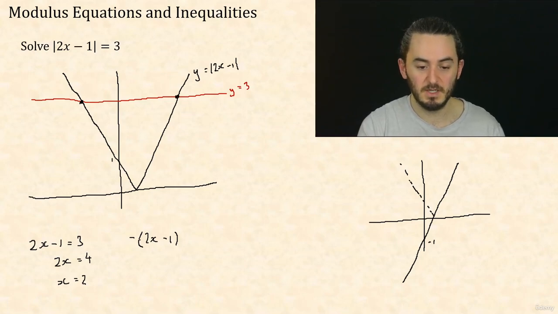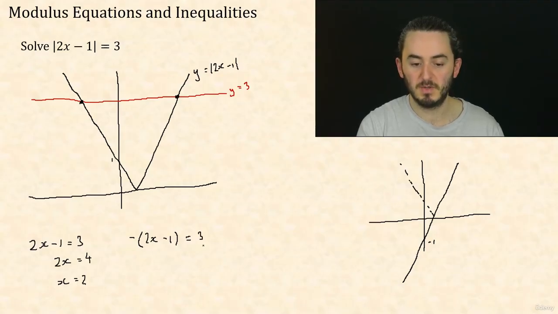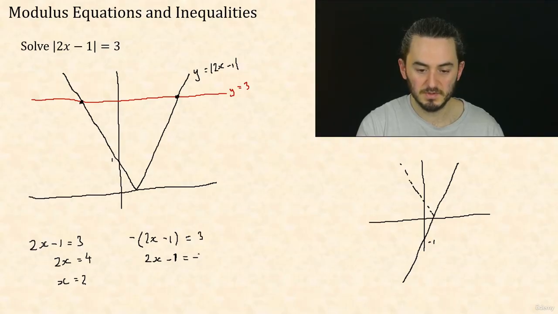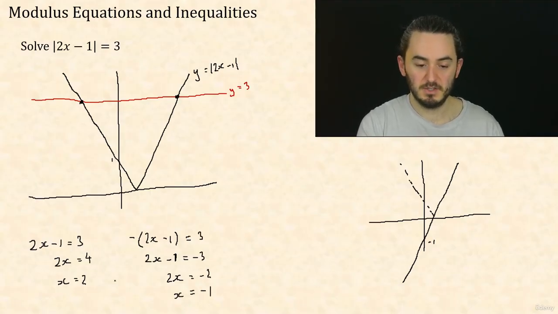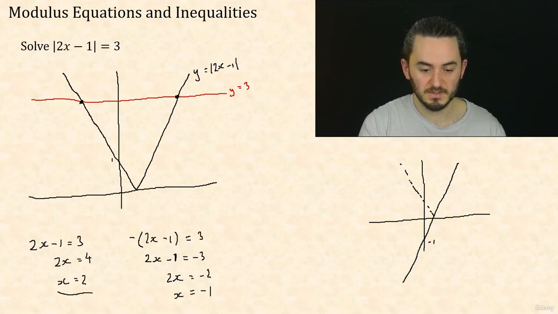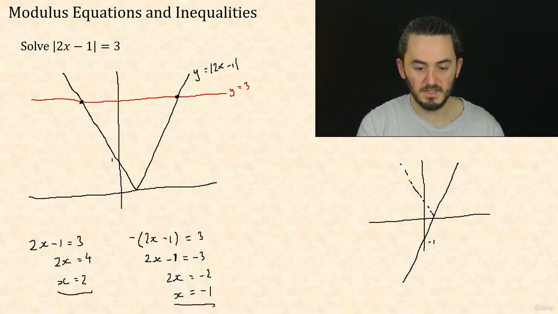So I solve minus (2x minus 1) equals 3. Multiplying both sides by minus 1, I get 2x minus 1 equals negative 3. Add 1 to both sides, 2x equals negative 2, and x equals negative 1. There's the other solution. So my two solutions are x equals 2 and x equals negative 1.